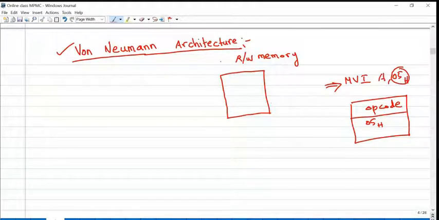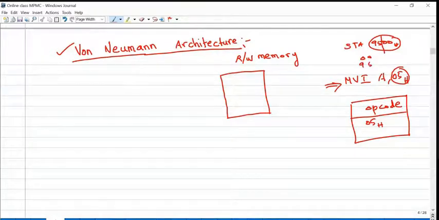The same read-write memory can be used to store our program, that is the opcode for the corresponding instruction, as well as data. Or sometimes STA 9500H, then the STA 16-bit address opcode, then 00 we need to save in the next immediate address location, followed by 95.